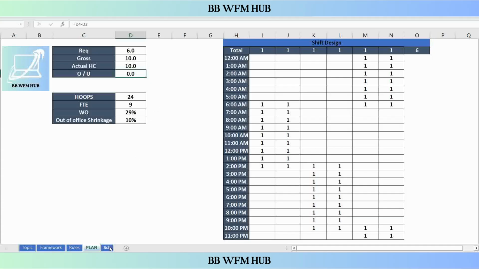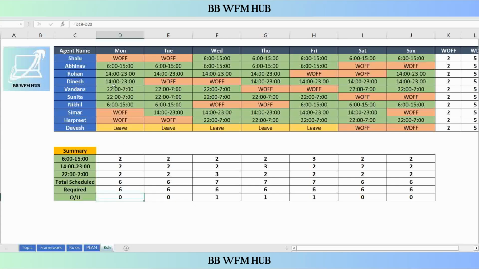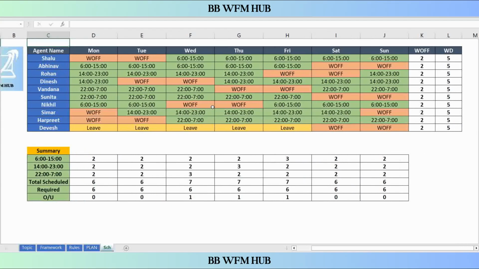So here is a roster. These are the assumptions, these are the artificial names that I have taken, and here is the roster. While creating the roster, we are ensuring that every teammate or every agent should get at least 2 week offs in a week, because this is our weekly rule.